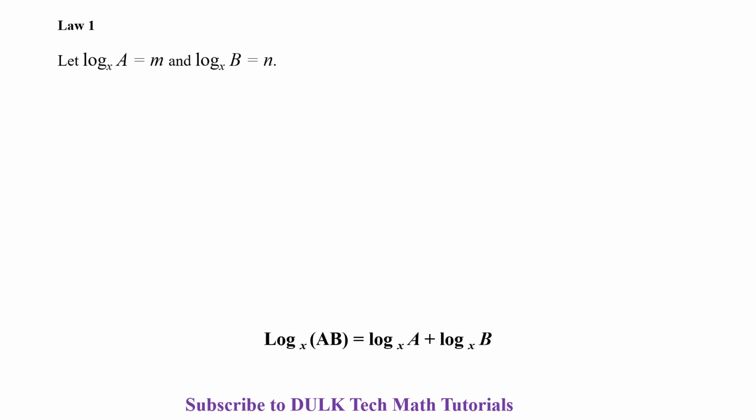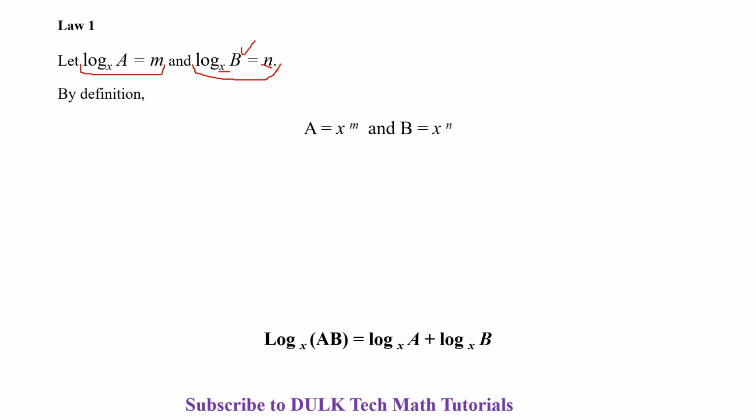Now, by the definition of logarithms that I have explained in another video, introduction to logarithms, we can rewrite the whole of this one as x to the power m is equal to a, like this. At the same time, the whole of this as x to the power n is equal to b.